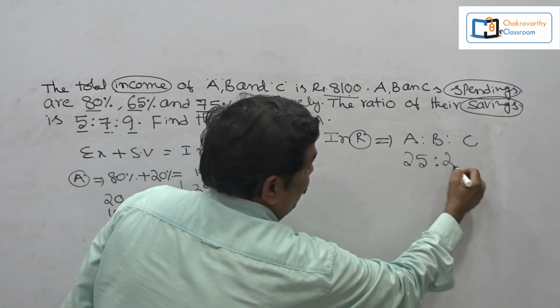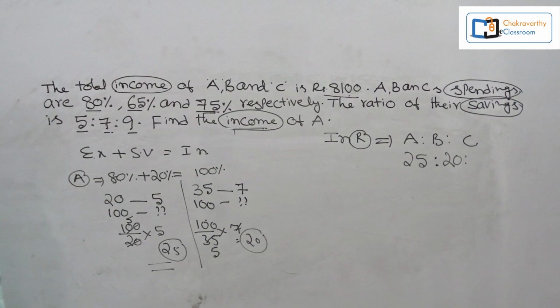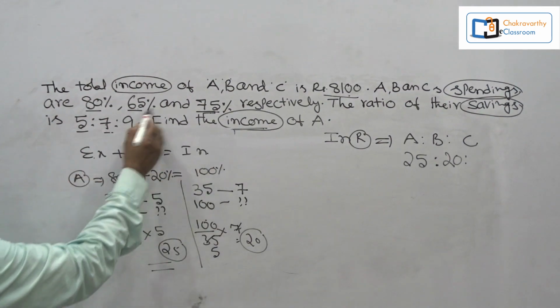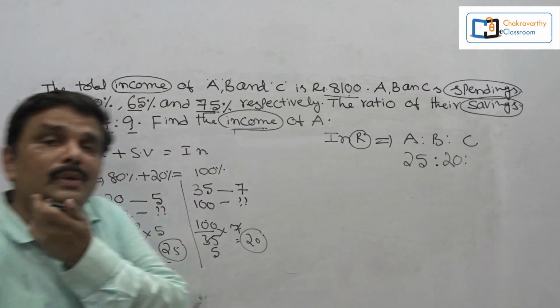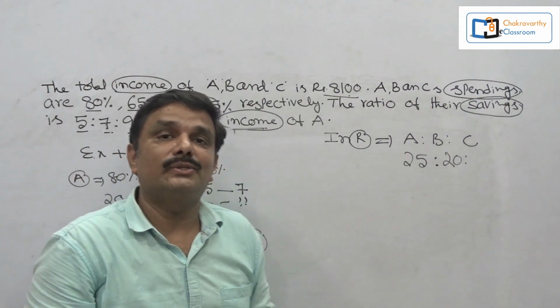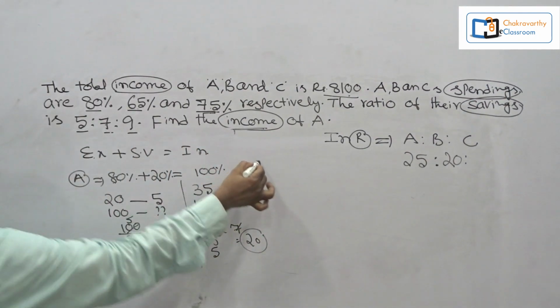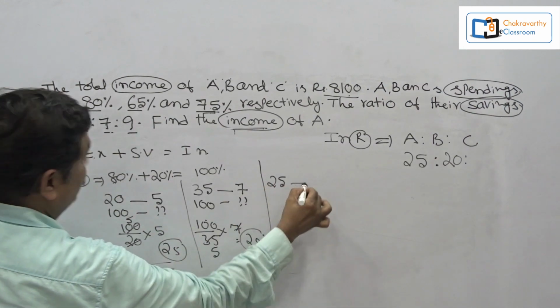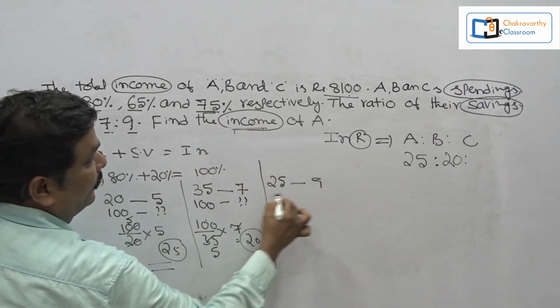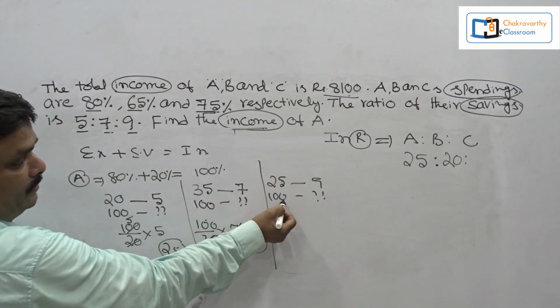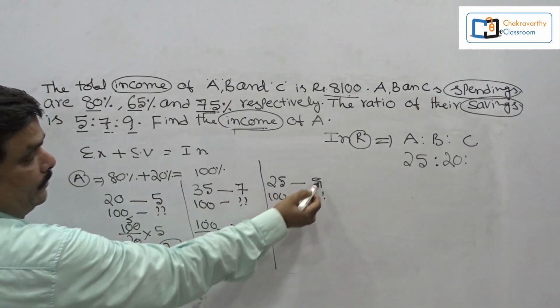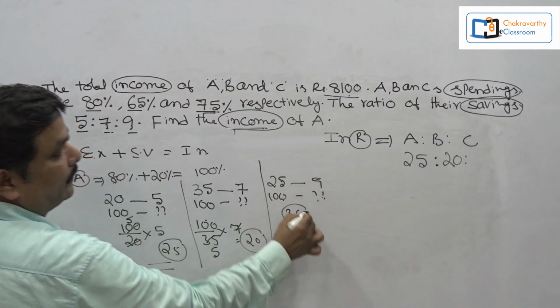I am writing this 20 here. Now go for C's. C's is 75% expenditure. Obviously 25% is the savings. Now C's 25 is equal to 9. Then 100 is equal to how much? 25 for how many times is 100? 4 times. 9 4 times, that is 36.